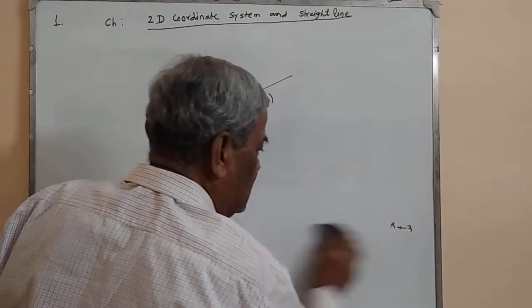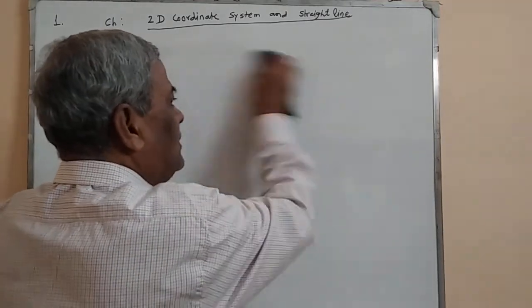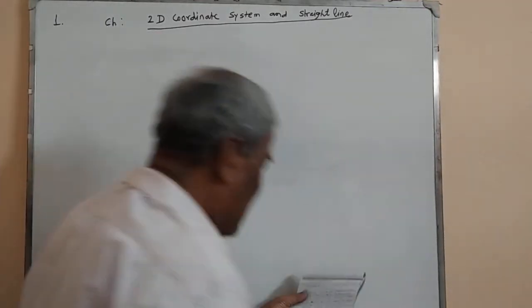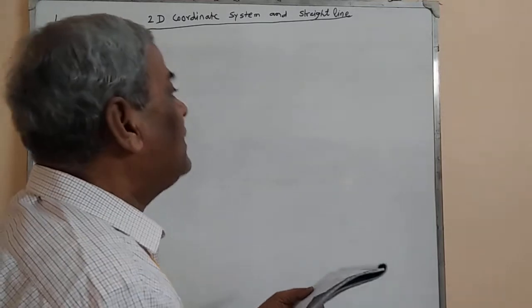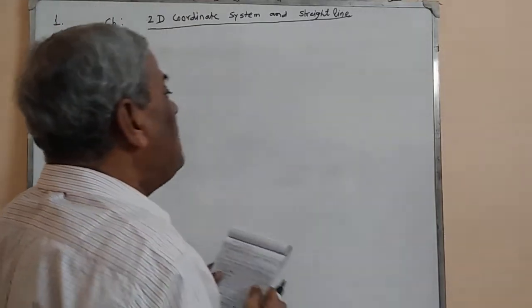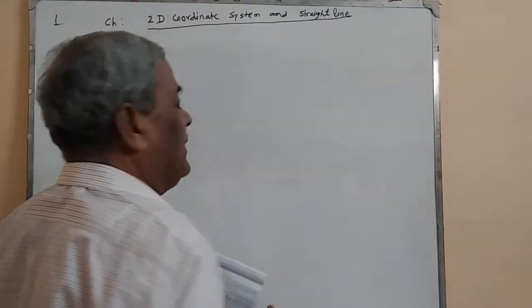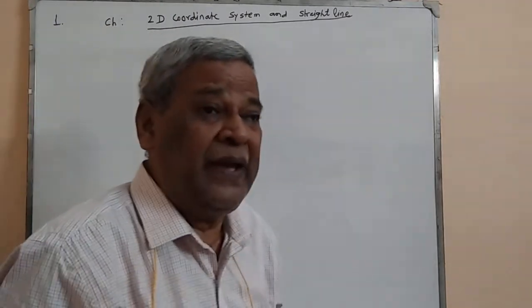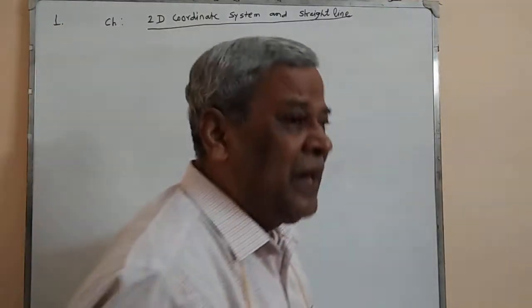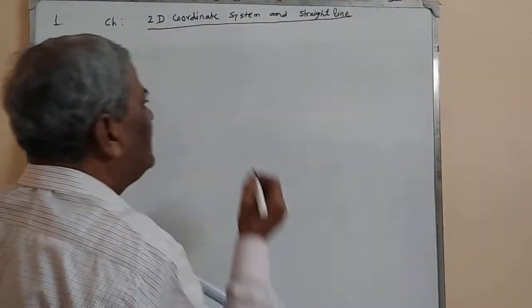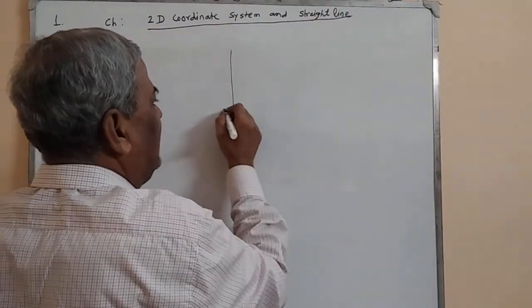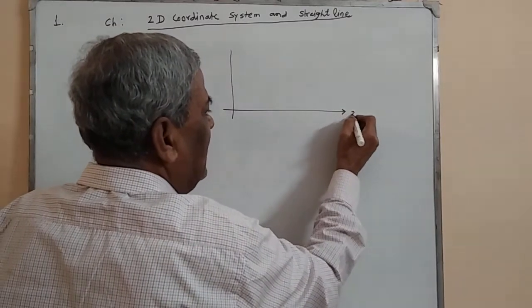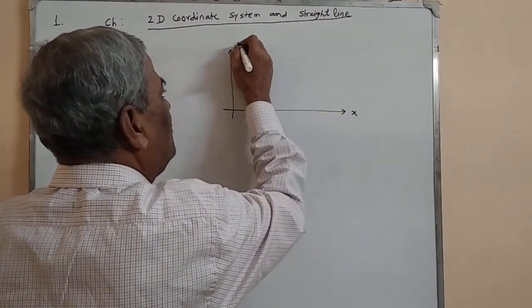Number two is the image of any point with respect to particular straight lines. Suppose x-axis and y-axis.